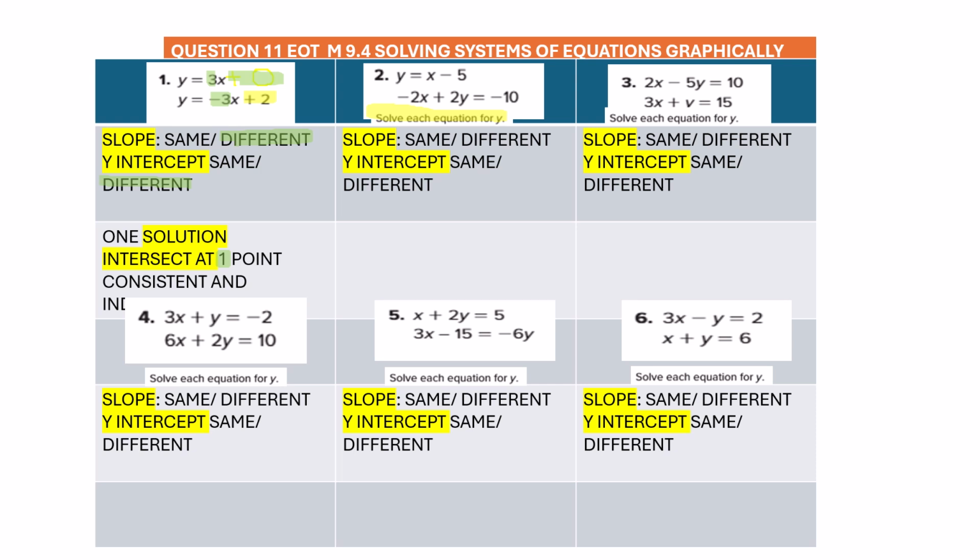Are they consistent and independent, or do they have many solutions, one solution, no solution? And you would be able to explain these examples very easily once you have worked through all these examples.